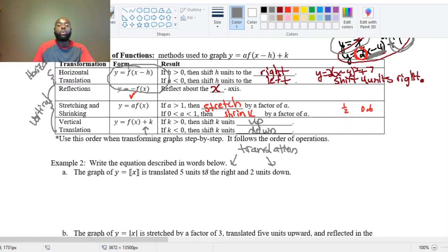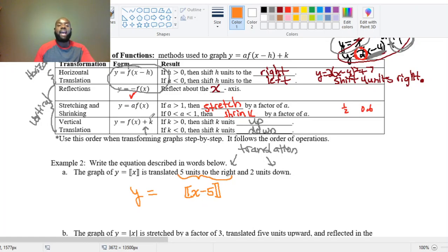So if it's to the right, that means that h is greater than 0. Then when I write my greatest integer function, it's going to be an x minus 5 instead of just an x in that greatest integer function. All right, so that takes care of the 5 units to the right.